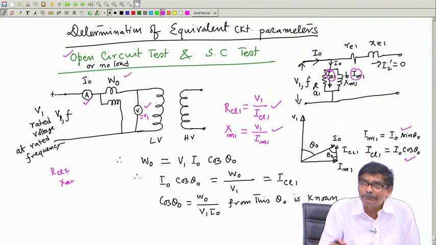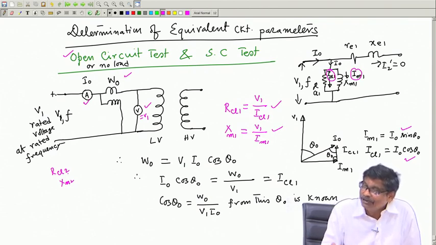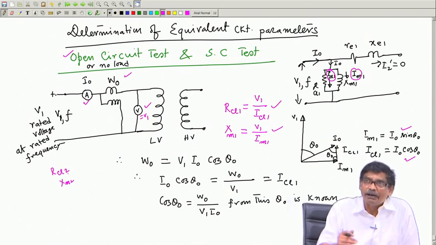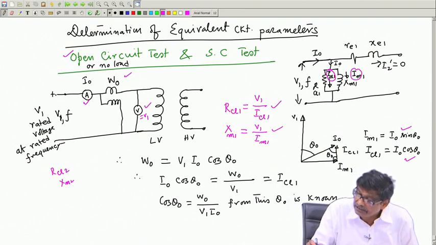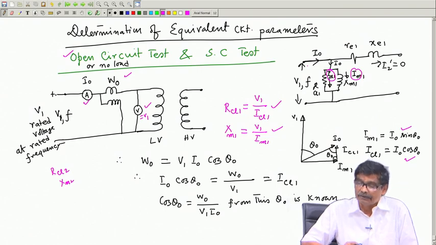For this, I do not have to carry out the experiment once again, because I know it will be either divided or multiplied by S square. So, correctly if I do that, I will get RCL 2 as well as XM 2. So, in this equivalent circuit, I have got this one.